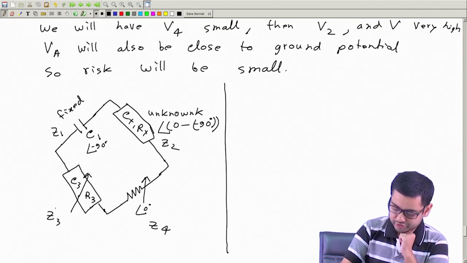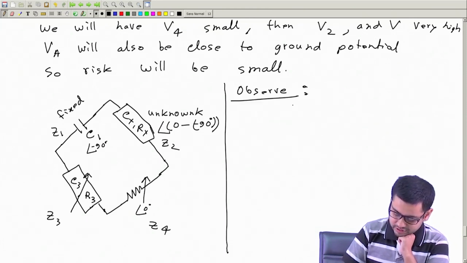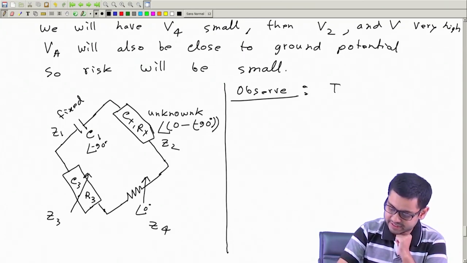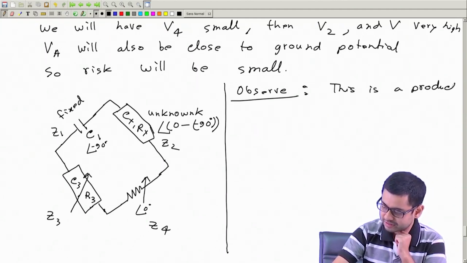Now, observe, firstly we have actually designed a product bridge. Why?